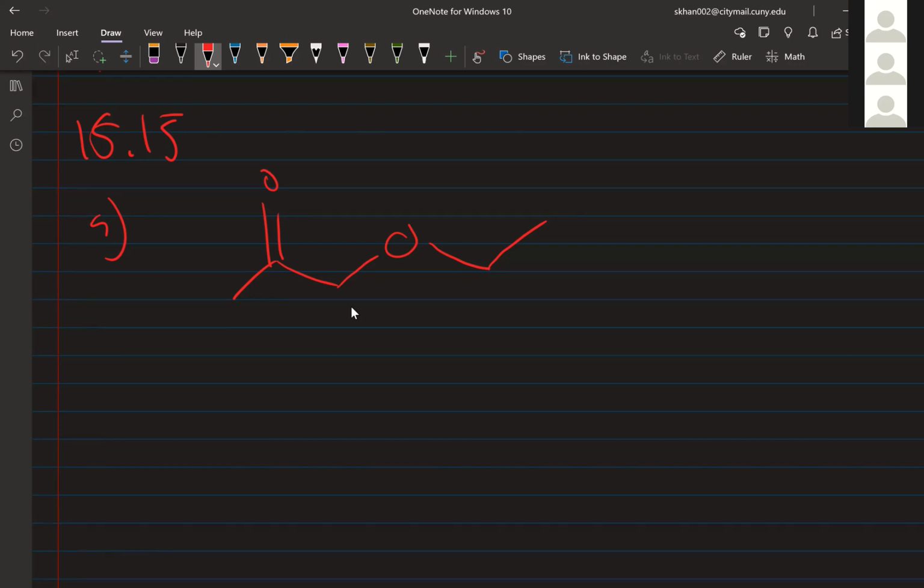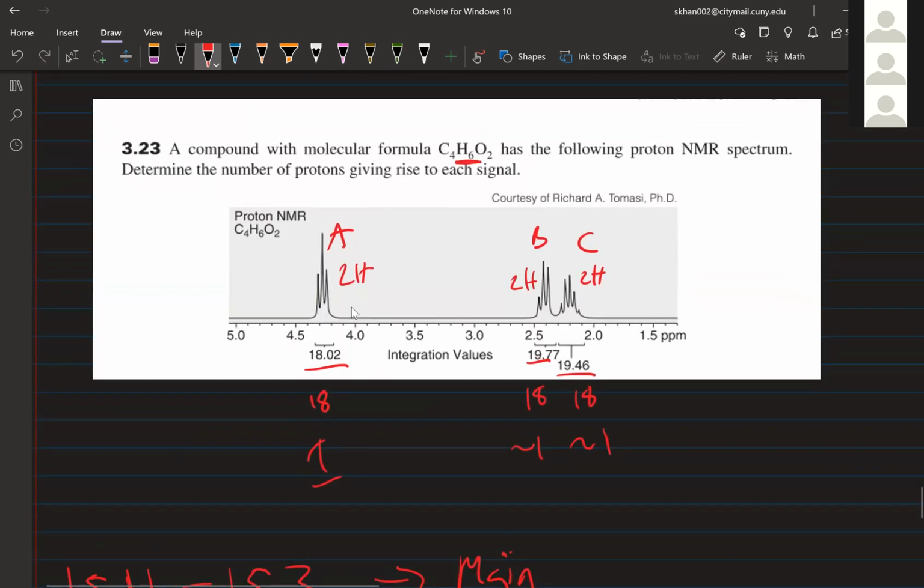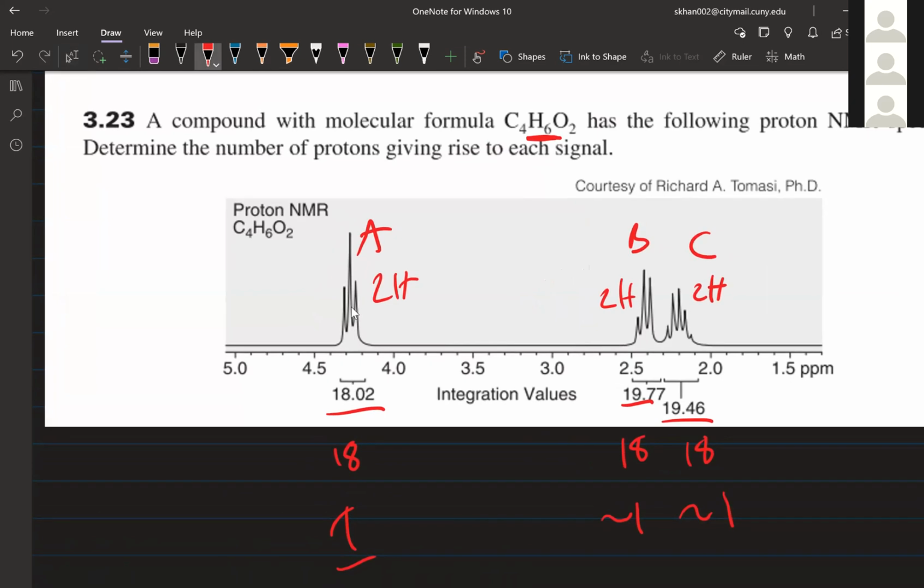So multiplicity, right, is basically, so we saw some of these signals above here, and you see they have multiple peaks. That has to do with what's called coupling. When you're in magnetic resonance, protons can couple with each other.